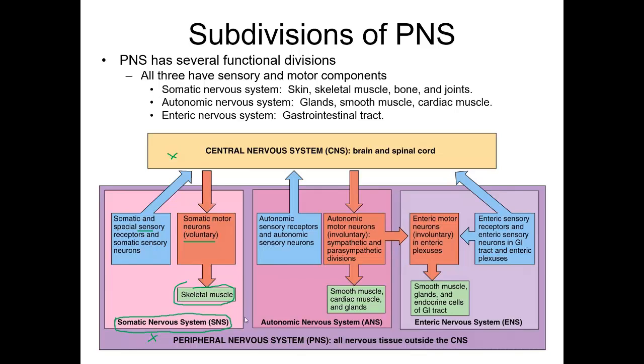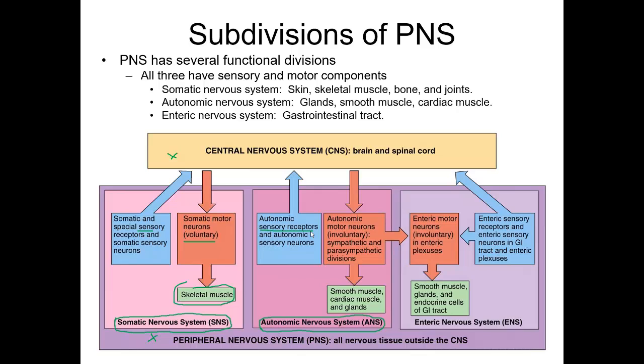The next subdivision is the autonomic nervous system. Now this subdivision deals with receptors and neurons located in your involuntary organs. So the autonomic sensory receptors are located in organs of your body that are completely involuntary.